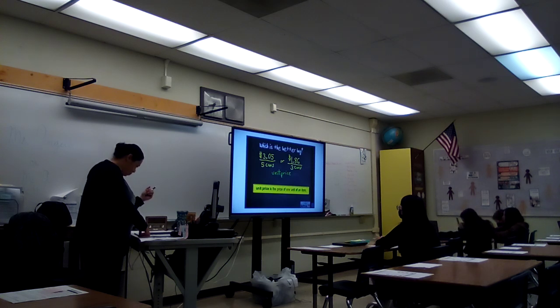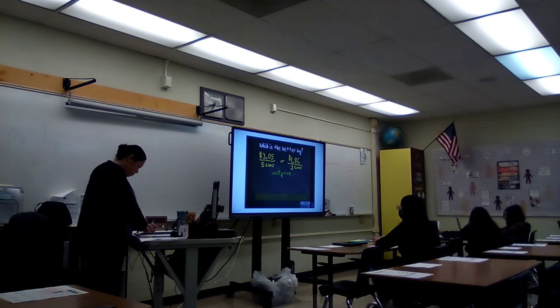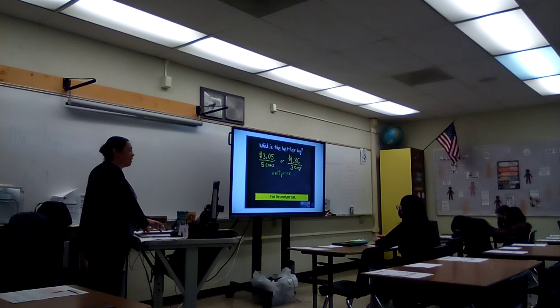The unit price is a rate, and it's going to help us compare and find out which one is a better bargain for us. So the way you do that is you get 1 in the denominator. Maybe it's great that it's $3.05 for 5 cans, but it would be cool to find out how much it costs for 1 can, and then I can compare it to this one over here and see how much this is charging for 1 can. And then I'll know which one's a better bargain.